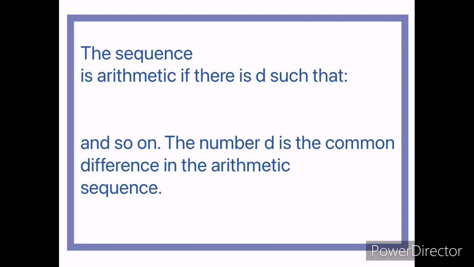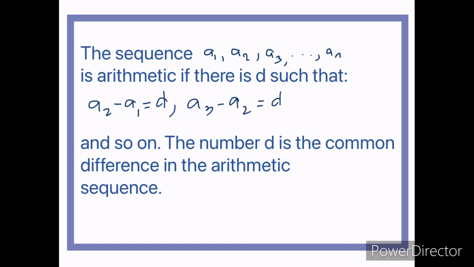The sequence a sub 1, a sub 2, a sub 3, and so on, and a sub n is arithmetic if there is d such that a sub 2 minus a sub 1 is equal to d, a sub 3 minus a sub 2 is equal to d, a sub 4 minus a sub 3 is equal to d, and so on.